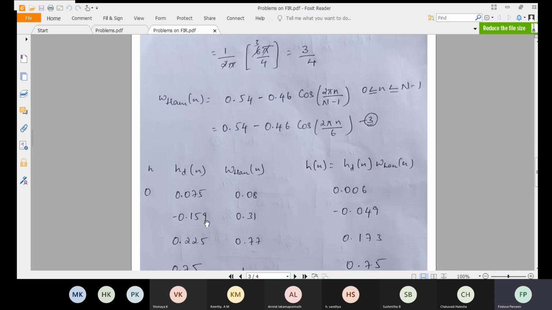See, for this Hamming window, what you can do is keep it in radians. Then type 0.54 minus 0.46 cos 2 pi, and take n as A using shift alpha A. Instead of n, you put directly A divided by 6.